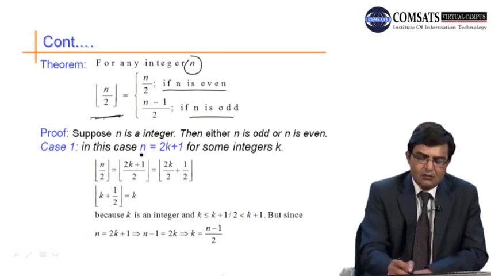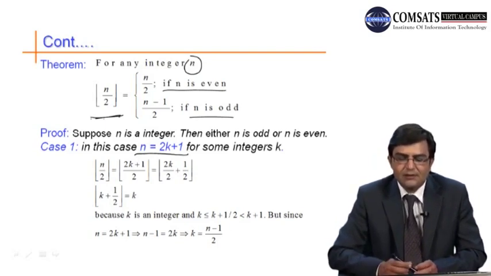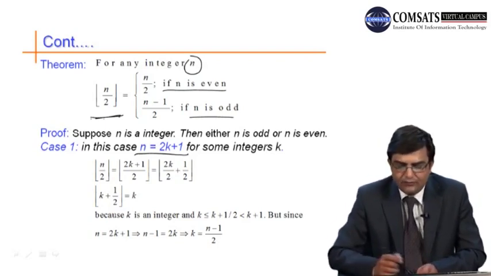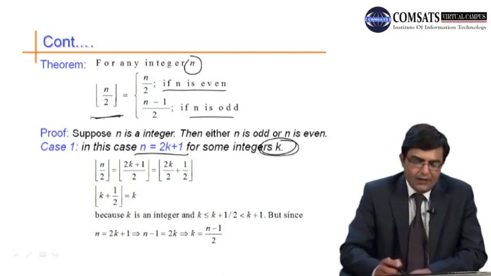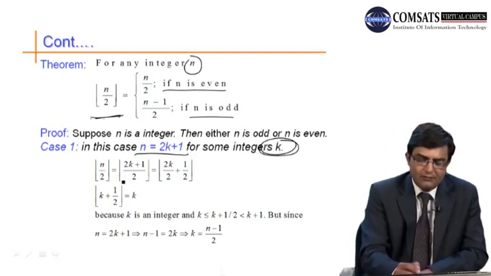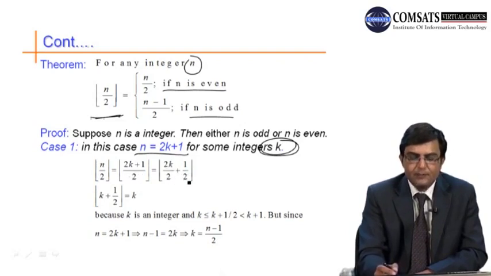We take n as the odd integer and we write it as 2k plus 1, because any odd integer can be written in the form 2k plus 1 for some integer k. Now floor of n by 2 can be written as floor of 2k plus 1 divided by 2. If we separate these terms, this becomes 2k by 2 plus 1 by 2.